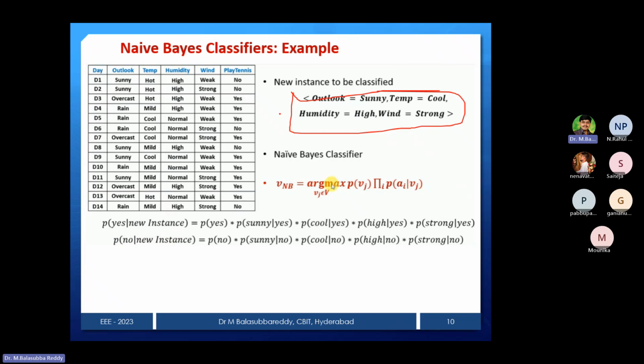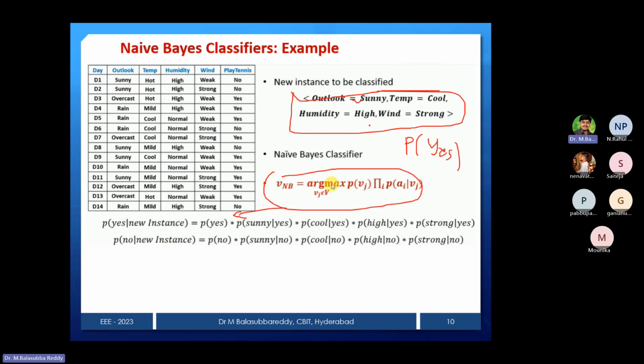Now for that, use the same formulas again. This is nothing but this formula only. What we are doing here: first, whether you are going for tennis or not. How many classes do we have? Two classes. That's why first find the probability of getting S value subject to this outlook sunny, temperature cool. That is the given data point, the new data point.